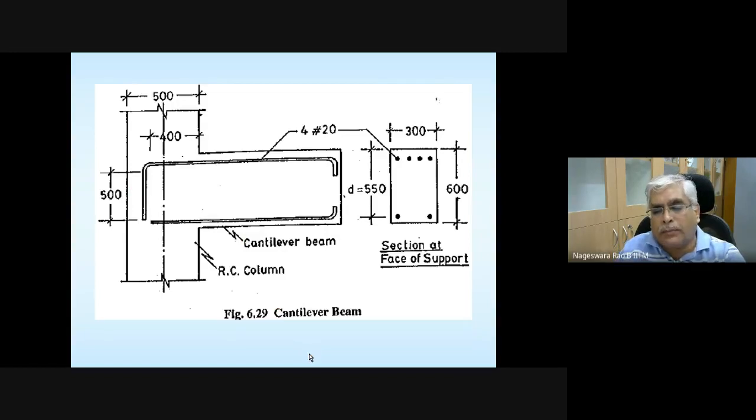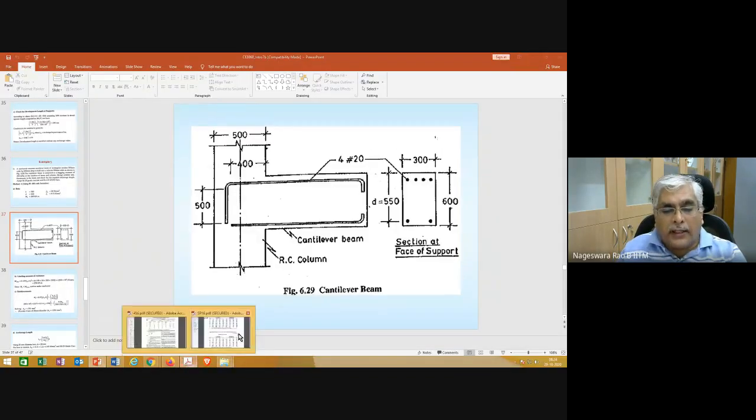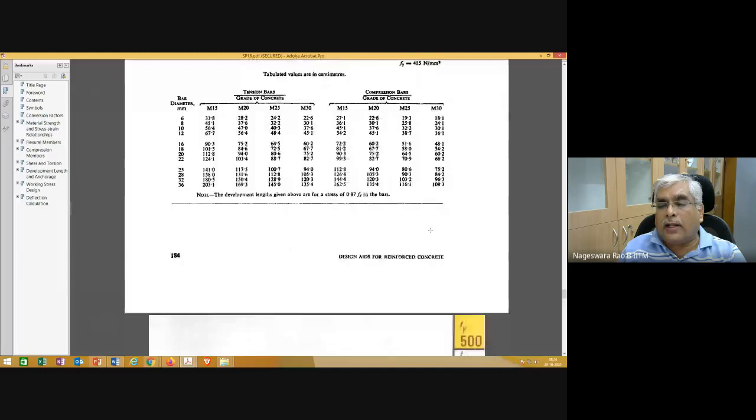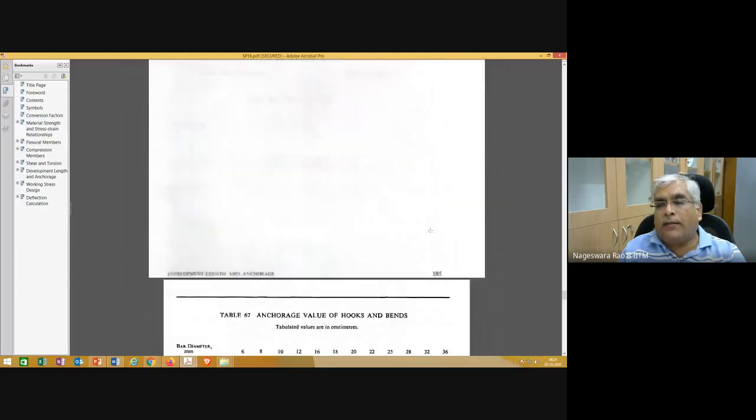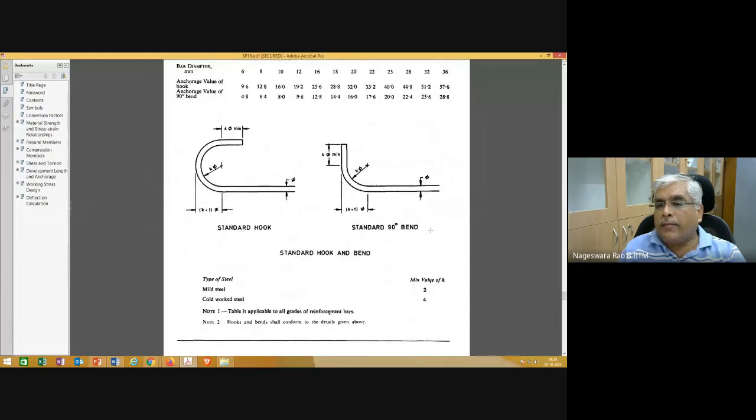If I bend the bar by 90 degrees, I need to follow the specifications that are given in the code, which are again given in SP16. For whatever bend I'm doing for that 20 mm diameter bar, I have to comply with the radius of bend and other requirements.